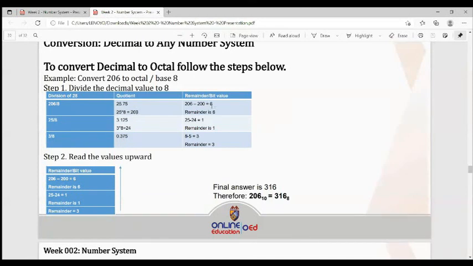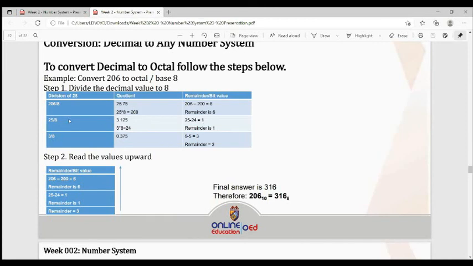So, to make it 6. So, therefore, the remainder is 6. And then, 25 divided by 8, the answer is 3.125. Ngayon, yung 3 na yon, you multiply by 8, so the result is 24. So, i-subtract naman ngayon natin si 25 doon sa 24 na nakuha natin. So, the remainder is 1.